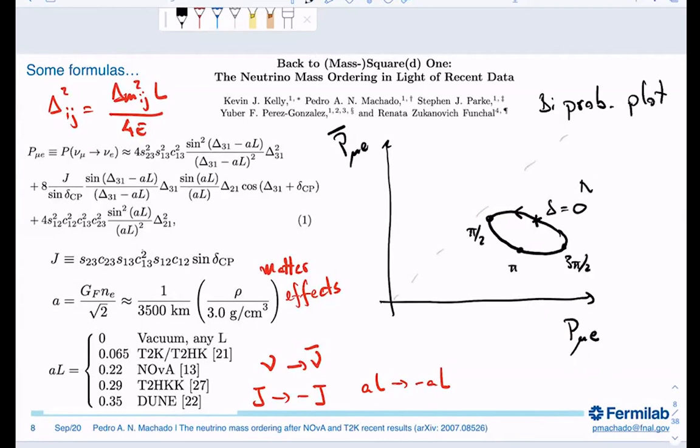This would be for normal ordering. When you flip to inverted ordering, because of the matter effects that can in some sense see the sign, your ellipse is somewhere else, where you start here at 0, go to pi over 2 here, pi, and then 3 pi over 2.